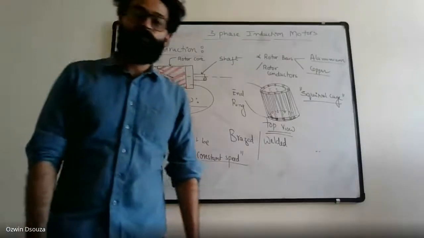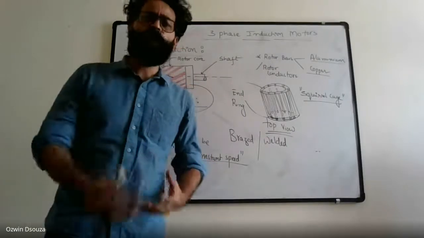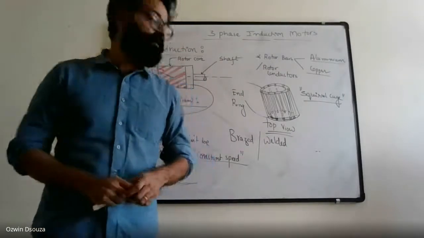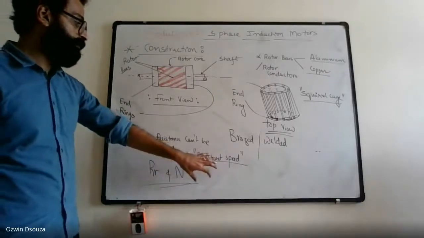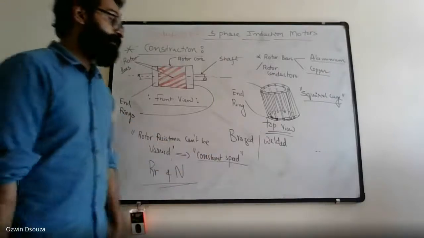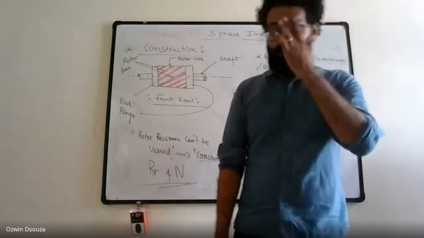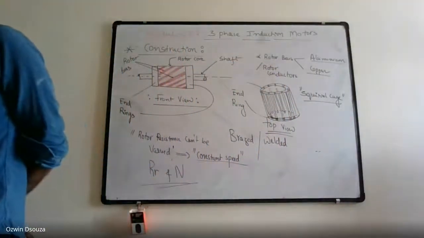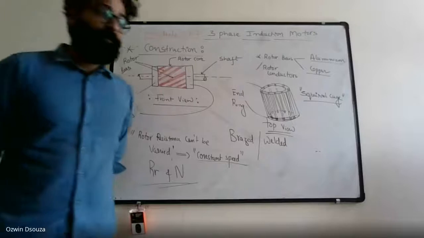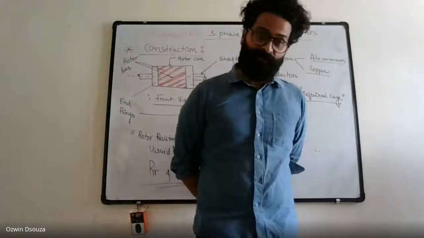In such cases, you have to go for an induction motor in which you will be able to vary the speed. That is the second type of induction motor. The slip ring or phase wound rotor will have the provision to add external resistance.